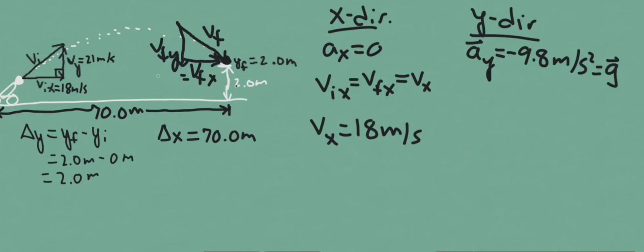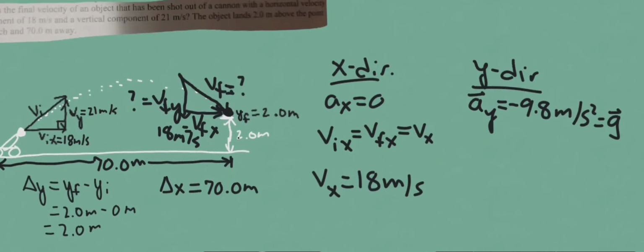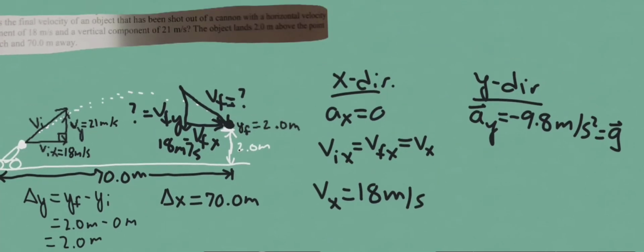Right there, 18. I don't know if I have space to write everything down. But the Vfy we don't know yet, and we don't know what Vf is either. That is what we're trying to find. What we're trying to find is this Vf, not this Vfy. We need to find Vfy in order to find Vf, but our requirement is to determine Vf, the final velocity.